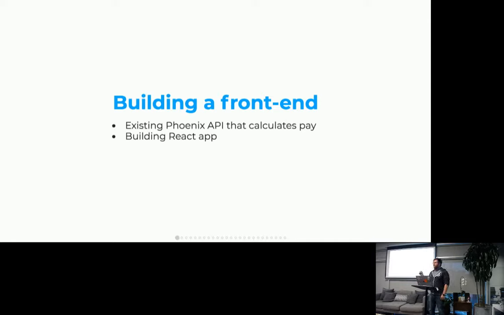But now product comes and they say, hey, users want this to be a little more interactive. They want to be able to put in numbers and see immediately how their hours will affect their pay. So we're going to make a React app that performs the same calculations that we have in our existing Elixir system. And as Elixir devs, we might be disappointed to hear that because now we're leaving happy Elixir land. So let's see how we might be able to ease that burden a little bit.